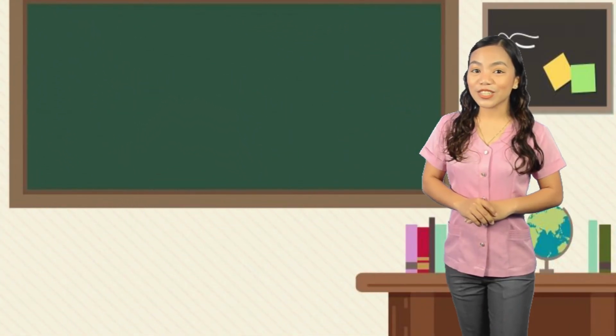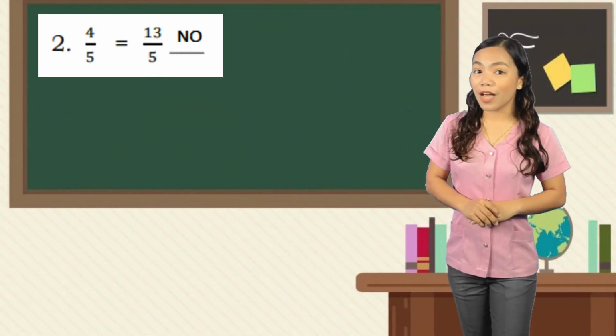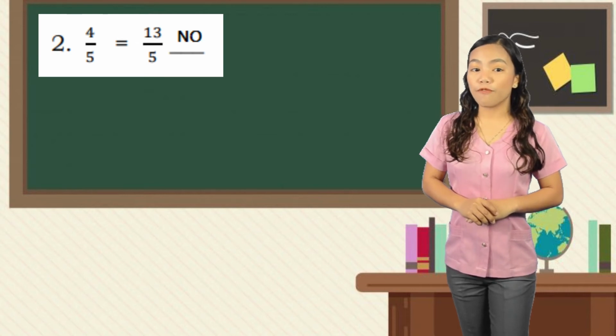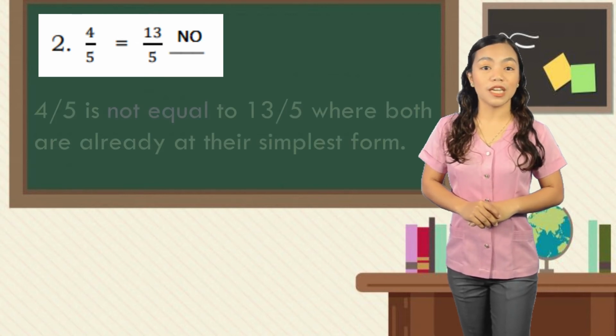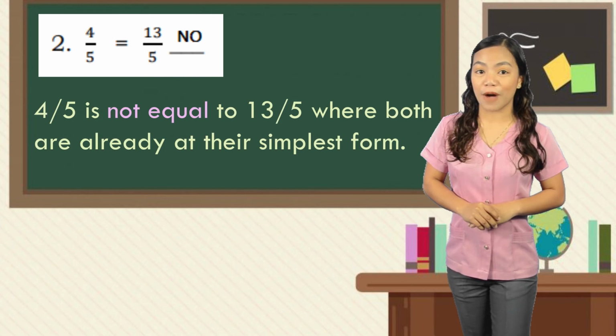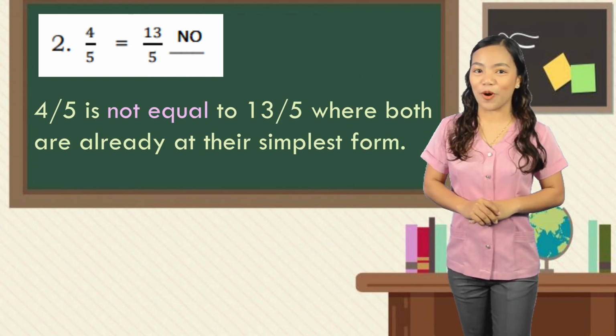The answer is no, not equivalent. 4 over 5 is not equal to 13 over 5, where both are already at their simplest form.